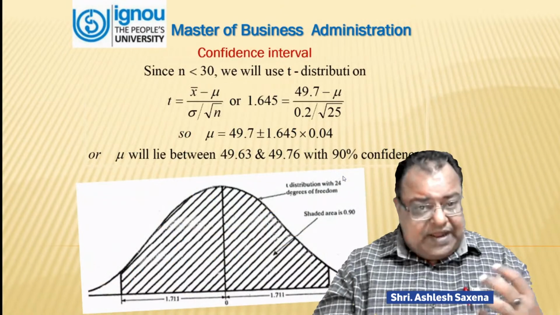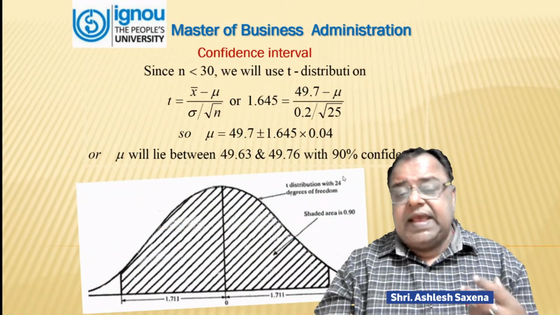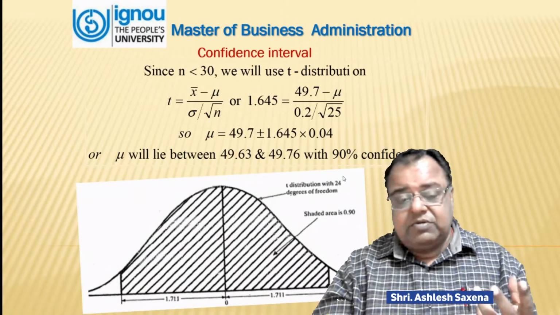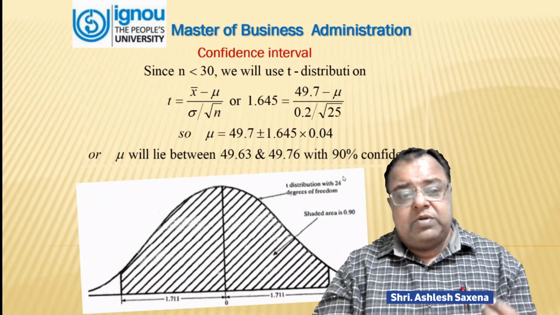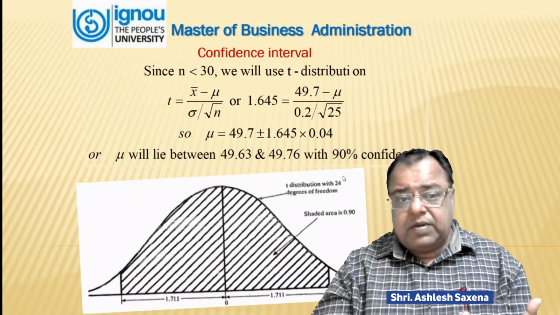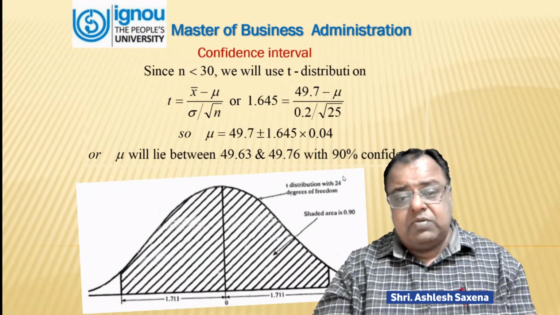Now, to estimate the confidence interval, since n is less than 30, we will use the t distribution. And for the t distribution, we have the formula t equal to x bar minus mu upon sigma upon root n. Mu is unknown, but we know the t.